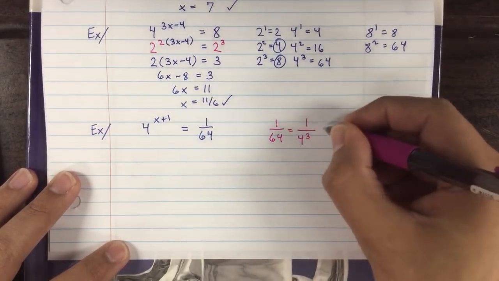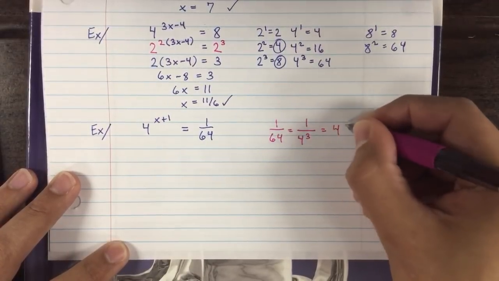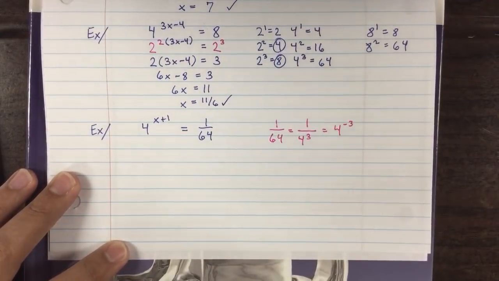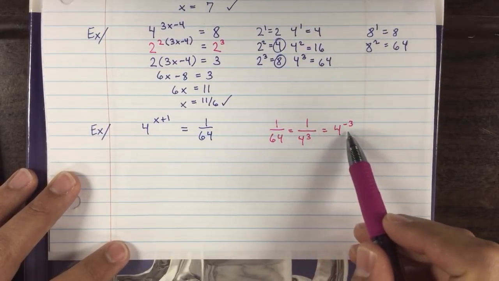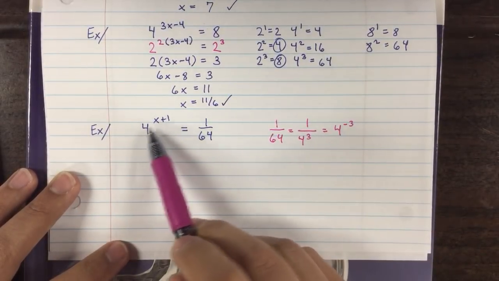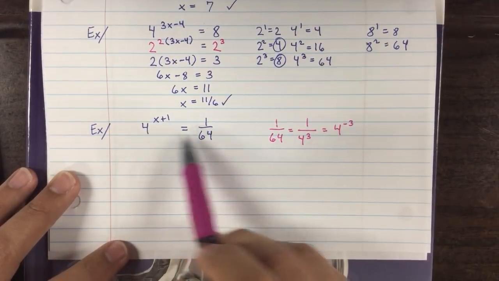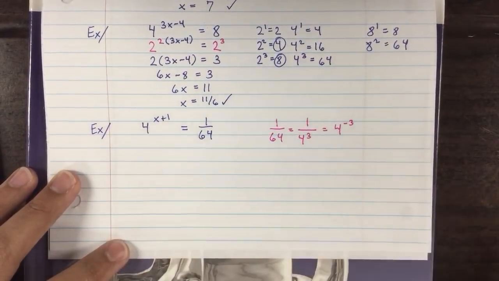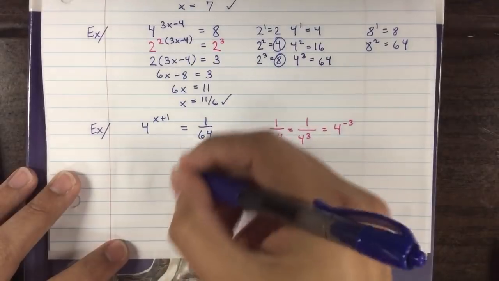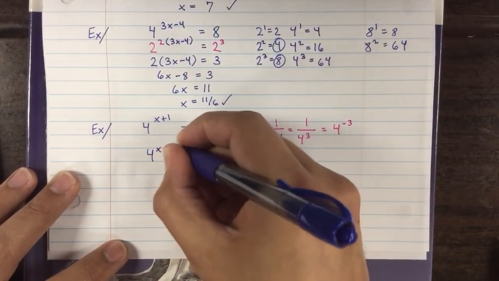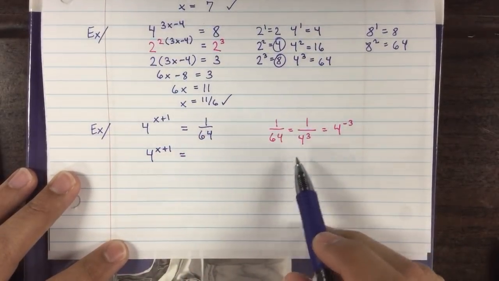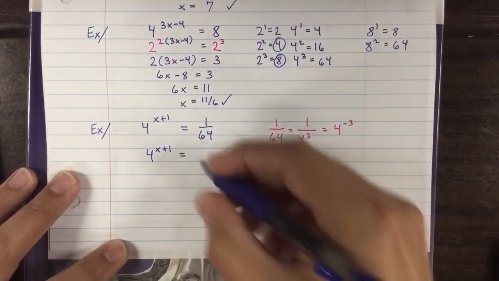So I'm going to switch it around, and that's okay. 4 to negative 3. We want the bases to be the same. It's better to switch this one to a negative power than to switch this to a fraction. It's going to get crazy. I don't want to deal with fractions, okay? I know you don't. So 4 to the x plus 1 is going to equal 4 to the negative 3 power.